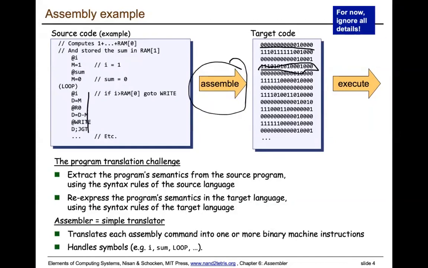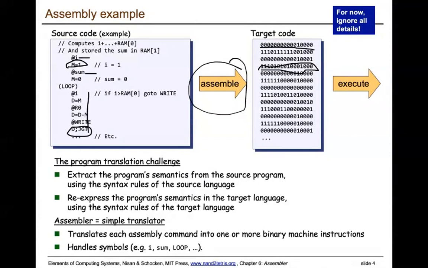We need to handle two parts. One is the real instruction, for example, M equal to 1, or D;JGT. These are real instructions. Another thing we need to handle is symbols, for example, @i, @sum.